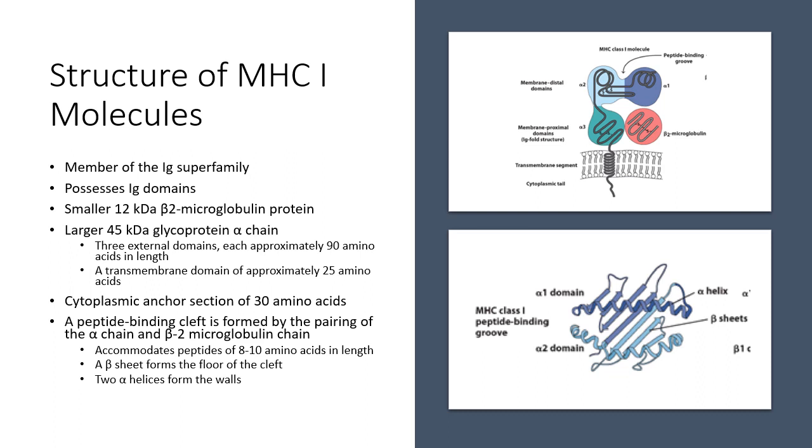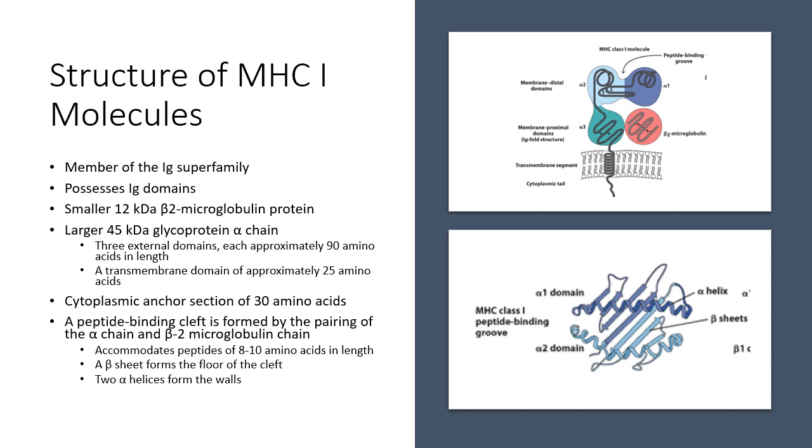The first piece is the alpha subunit, and this has 3 domains on it, so 3 different big chunks that kind of make this L-shaped region. That larger protein chain is the alpha chain, so you have the alpha 1, alpha 2, and alpha 3 subunits. They're each about 90 amino acids long, so the whole protein is a little over 300 amino acids in length.